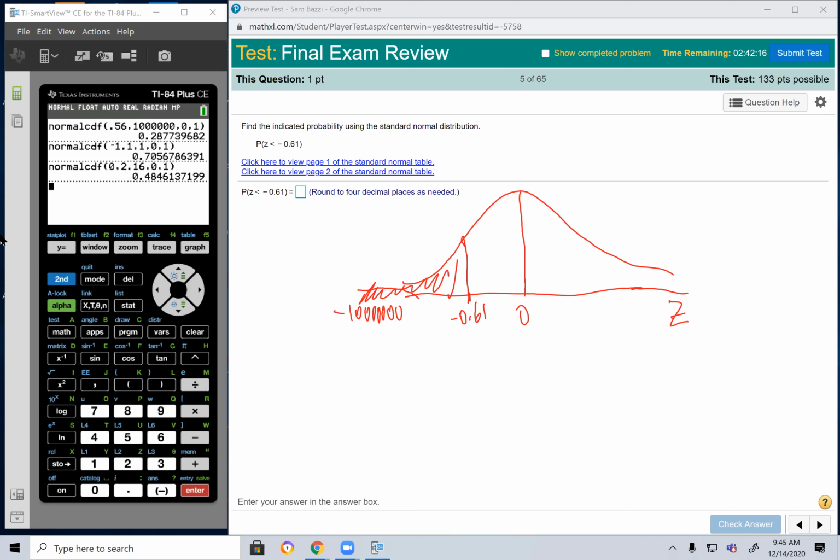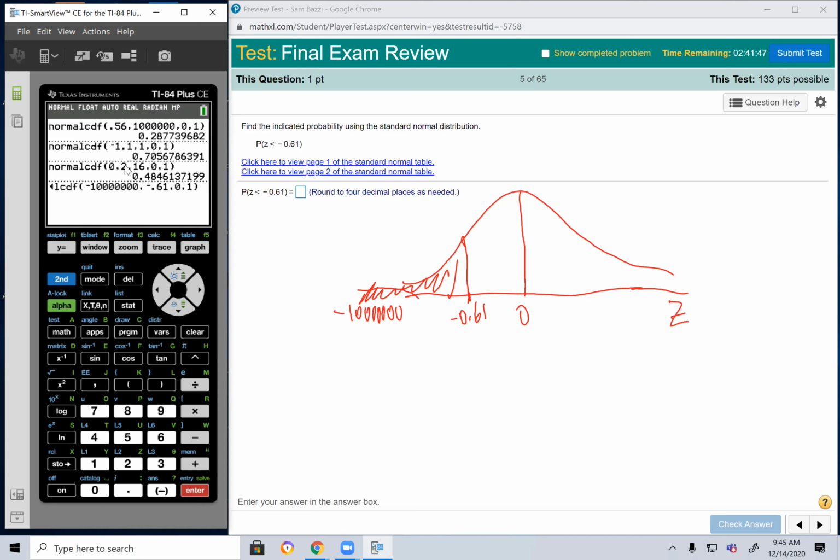So to do this, we're just going to go to the other side, second, variables, normal CDF, enter. Negative 1 million or 1 billion, just put as many zeros as you want. Negative 0.61 and 0 and 1.